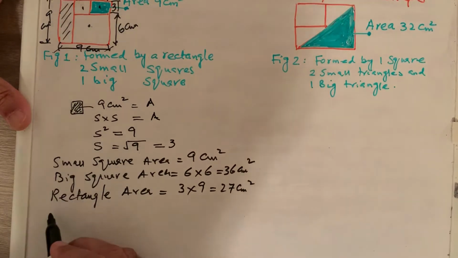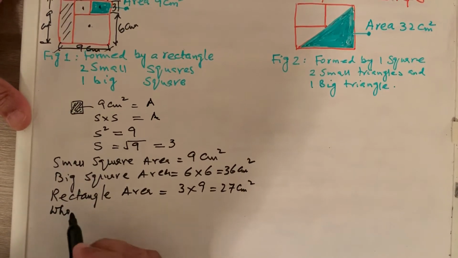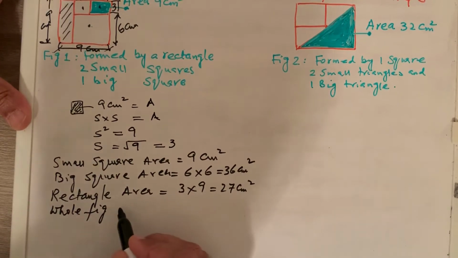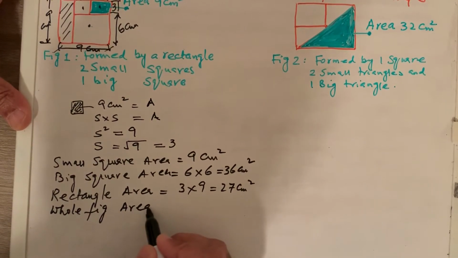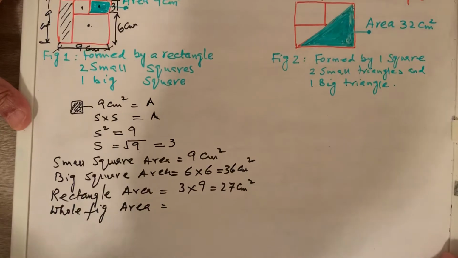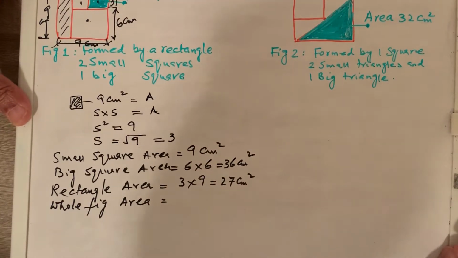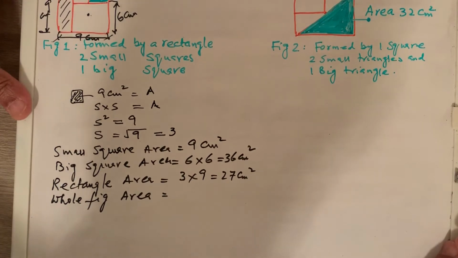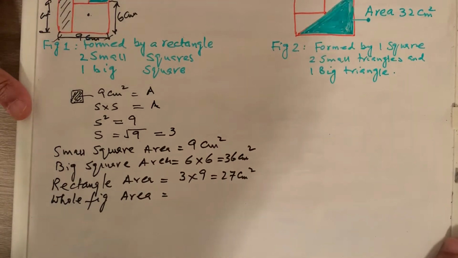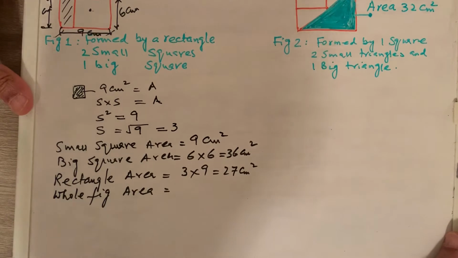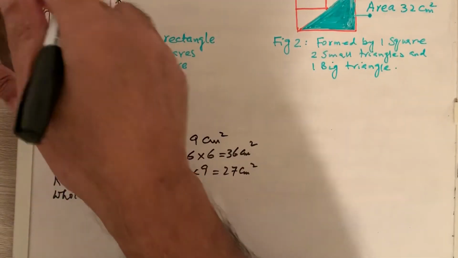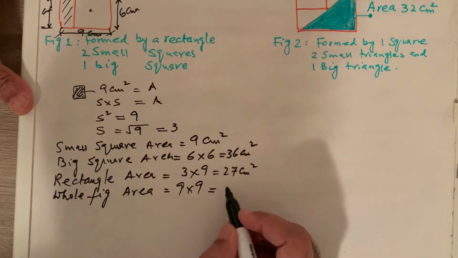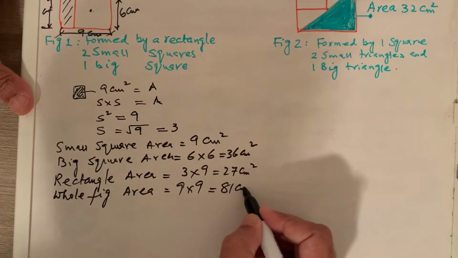Then the whole figure: what is the whole figure area? This is a square, and a square has equal dimensions. Each side is equal, and we have calculated that this side is 9 centimeter. So 9 centimeters times 9 centimeters is equal to 81 centimeters square.